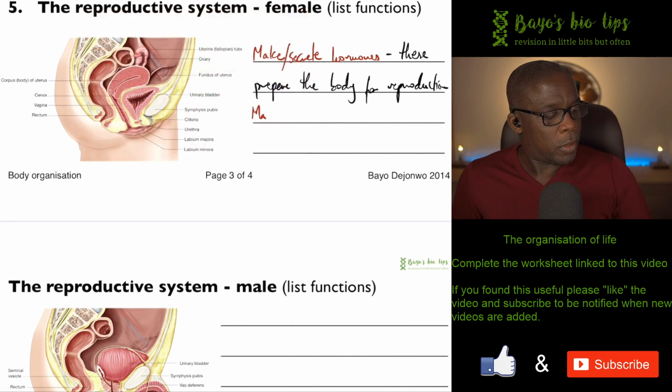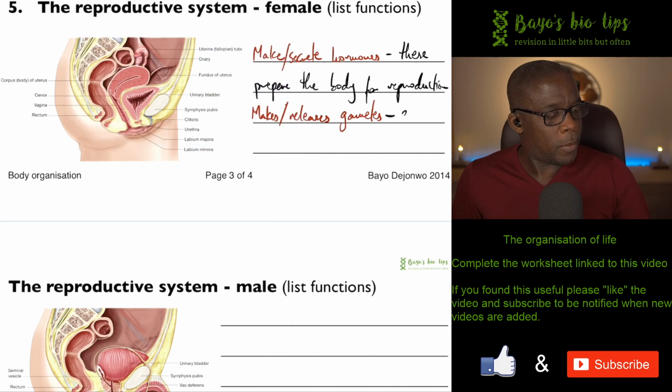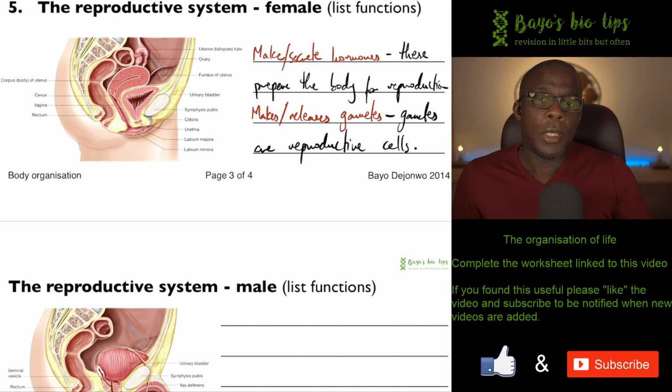It makes and releases gametes. And gametes are reproductive cells. In the case of the female reproductive system, it also nurtures the growing baby during pregnancy.